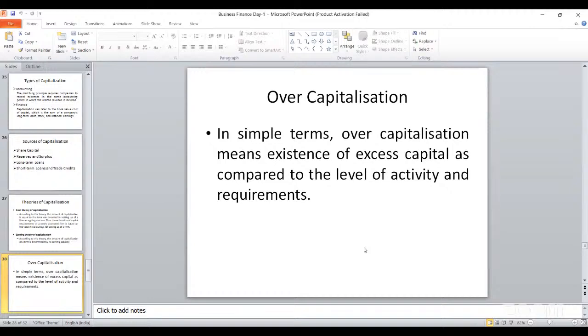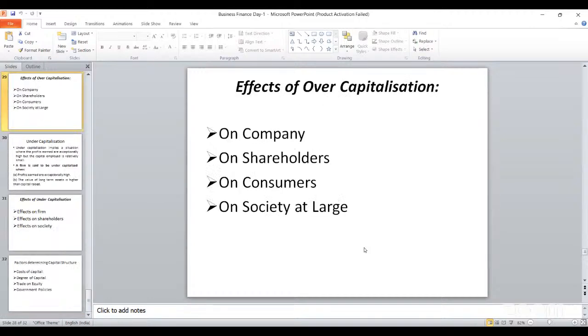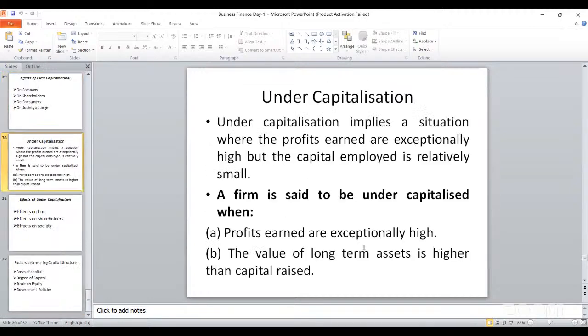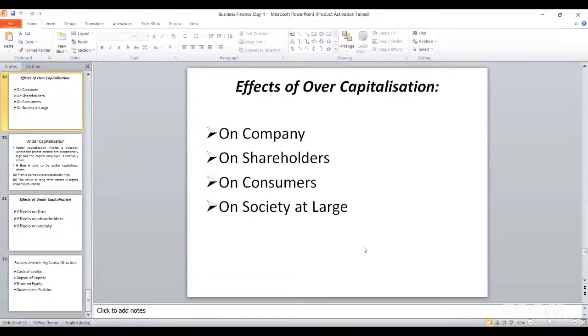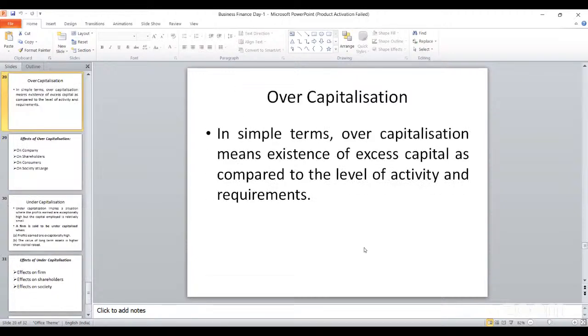Now, next coming towards overcapitalization and undercapitalization. You have these two terms. First, let us understand what you mean by overcapitalization. Before we move on to this, have you ever heard about actual capitalization and fair capitalization?